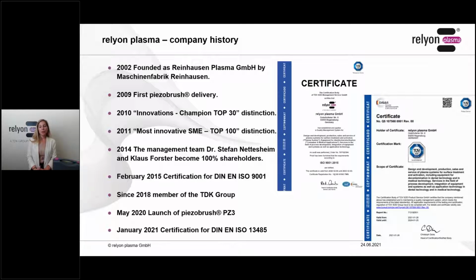In 2015, we passed the regulation for the ISO 9001, which enables us to get in touch with the automotive players in Germany. Since 2018, we became a member of the TDK. And already in May 2020, we launched our latest Piezobrush handheld device line.